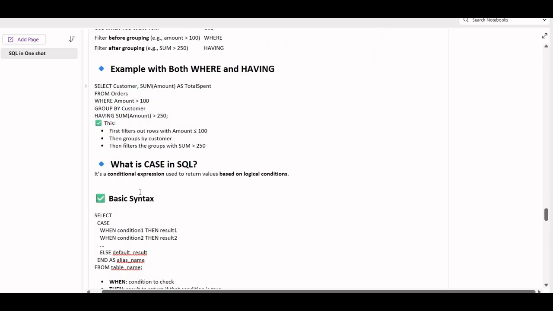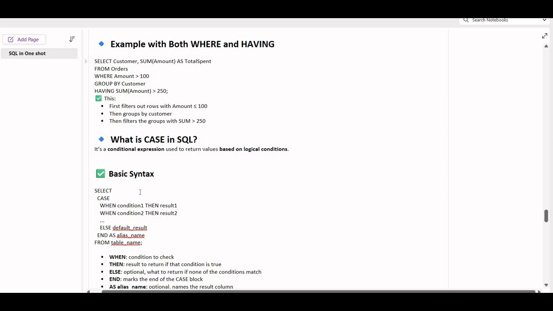See, an example with both where and having. Select customer, sum amount as total from orders where amount is greater than 100, group by customer, having sum amount greater than 250. Let us understand this. Sorry, here I have given less than or equal to, please make it greater than.